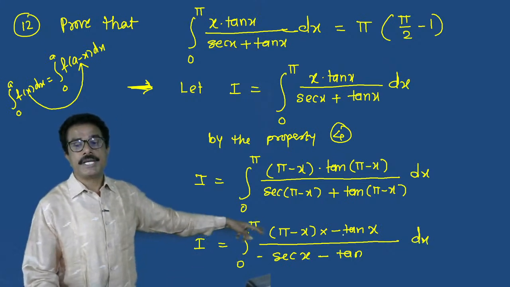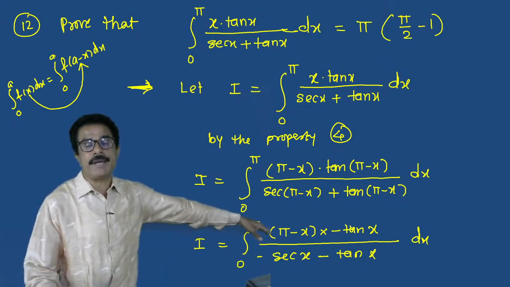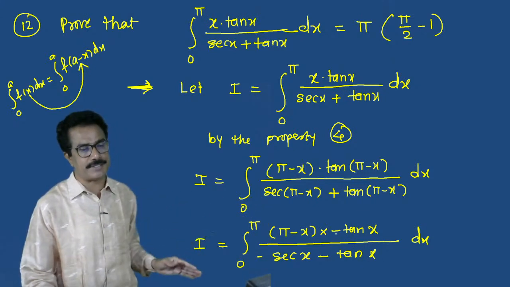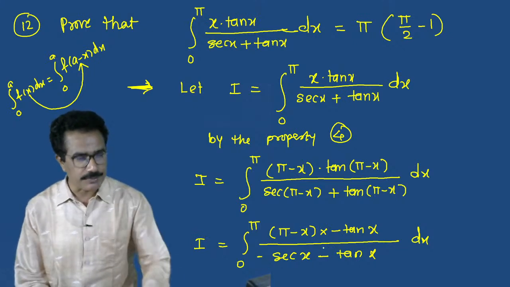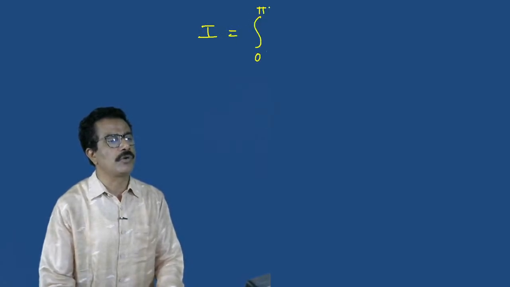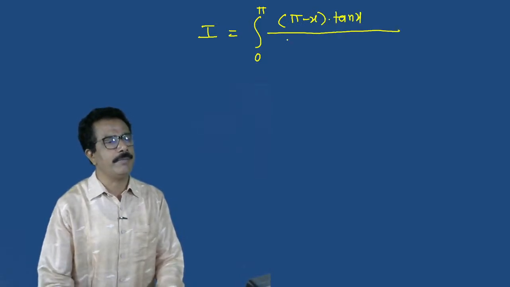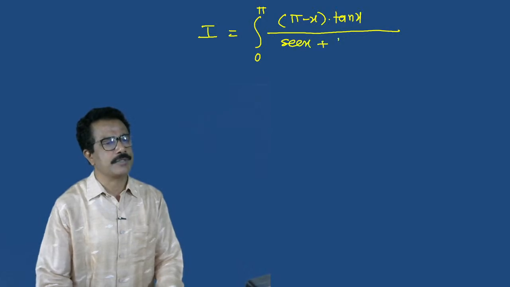So take out a common minus from the denominator and cancel this minus with the numerator's minus. So this minus and this minus will get cancelled. Then the remaining term will be the integral from 0 to pi of pi minus x into tan x divided by sec x plus tan x dx.